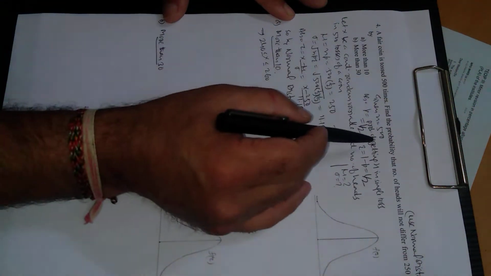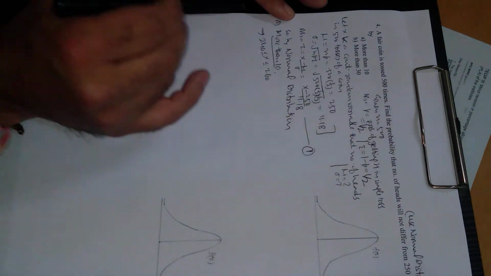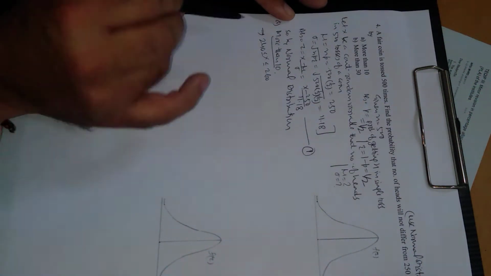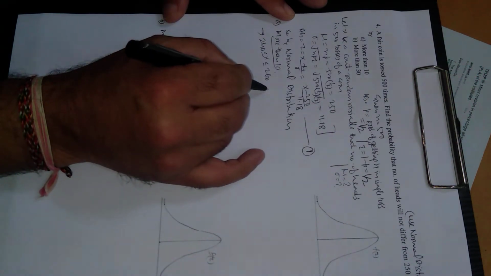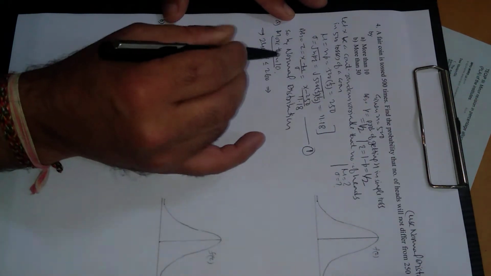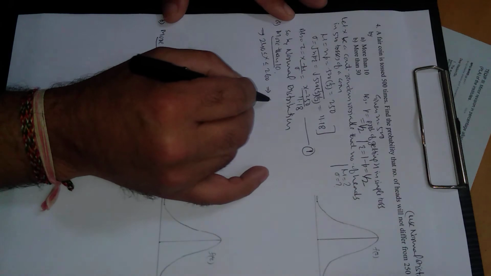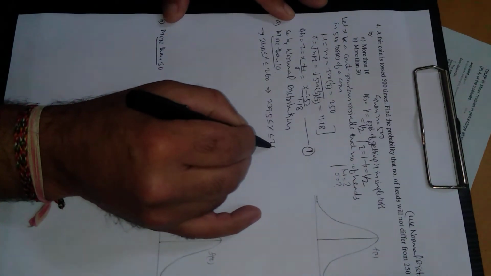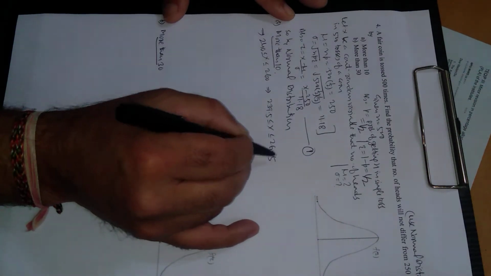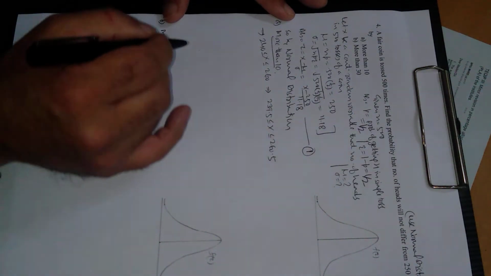Because the number of heads will not differ from 250 by more than 10, it can be 10 more or 10 less. In order to make sure there are integral as well as fractional values, this range can be written as 239.5 less than x less than 260.5, in order to make the data continuous.